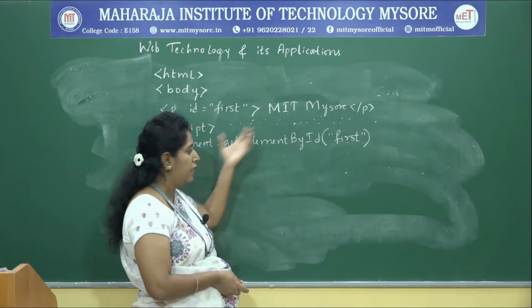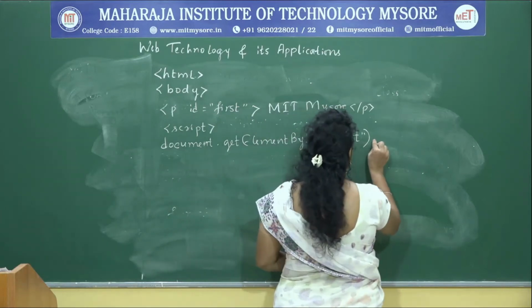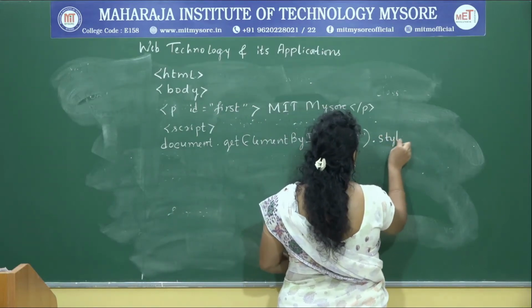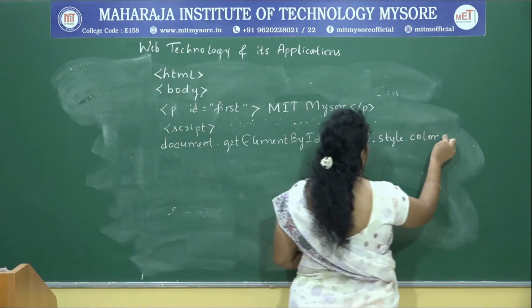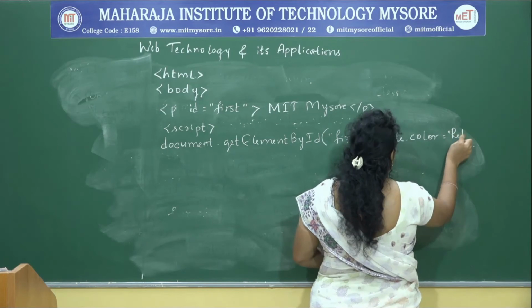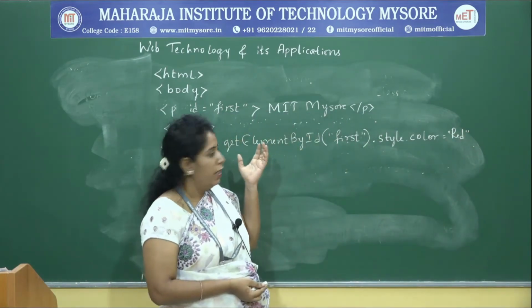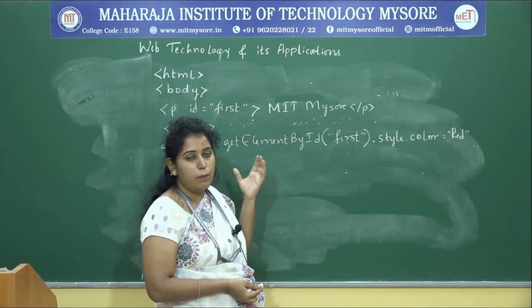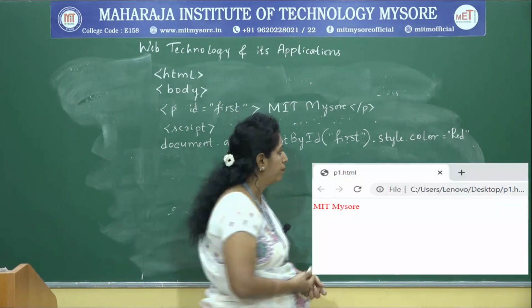What does it return? It returns the content MIT Mysore. Its style I want to change. So .style, and to change the color, give color. Which color you want, you can change. I am giving red. So what happens? MIT Mysore will be printed on the screen in red color.